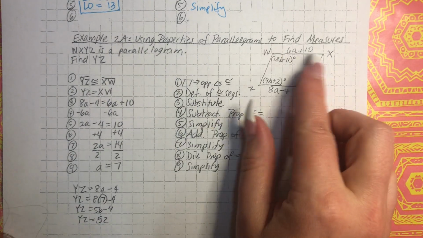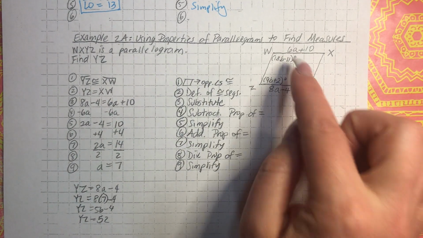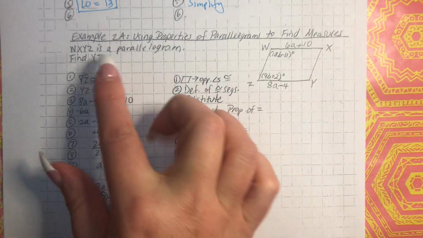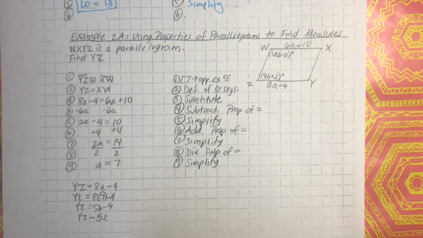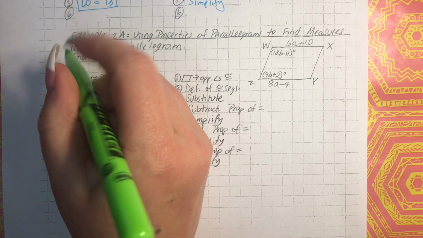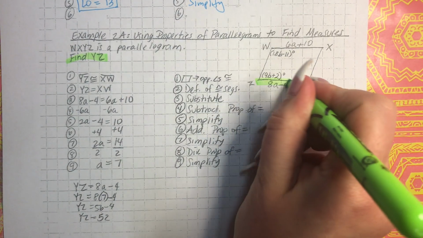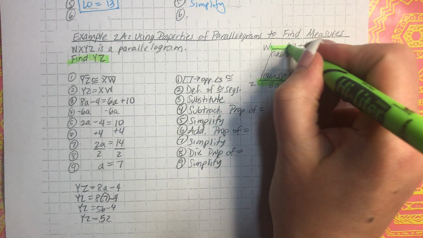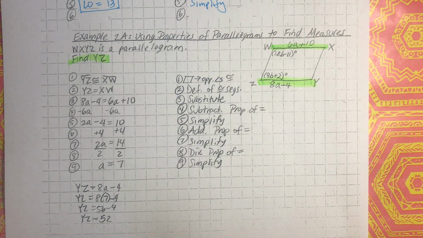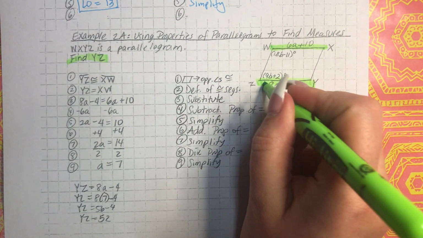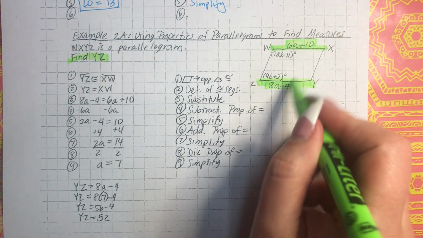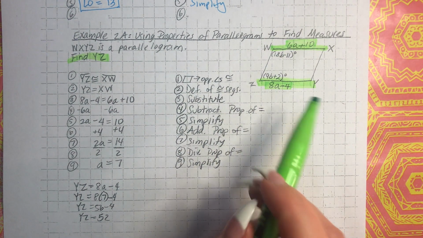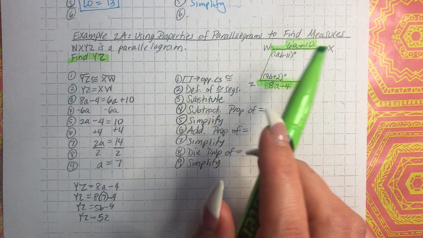It gives us this information here, the variable is A. YZ is here, and the opposite side is right here, okay? They're both in terms of A, so we know that these two are congruent to each other, because if it's a parallelogram, the opposite sides are congruent.